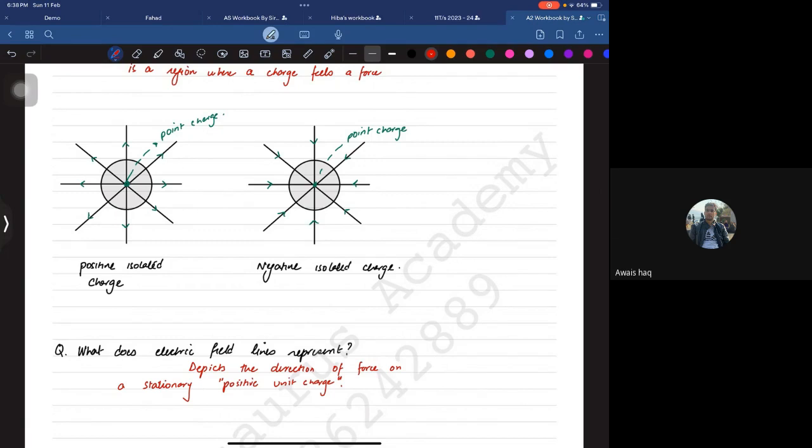Which means that if you place a unit charge here, it's gonna feel a force away from it, so it's gonna get repelled. That's why the field is out. And if you place a positive charge here, it's gonna get attracted towards it. That's why the field is towards a particular point.